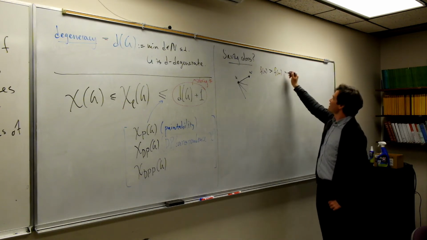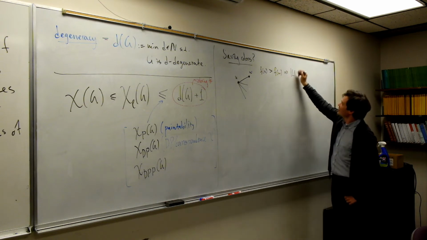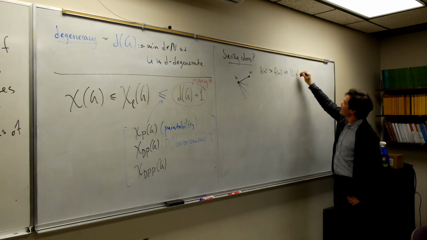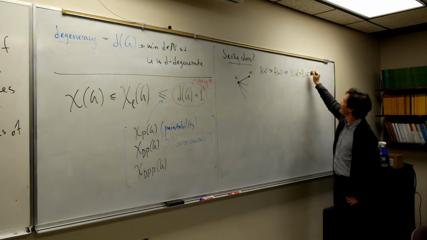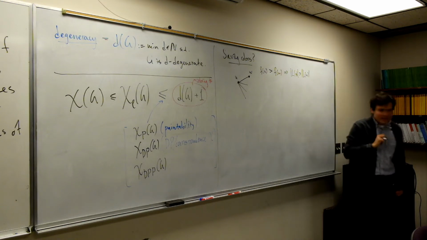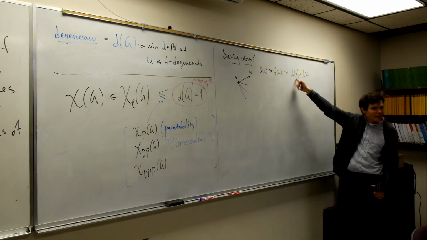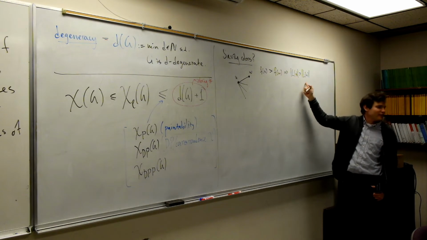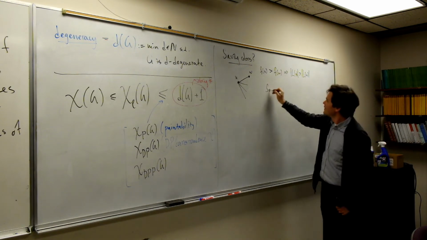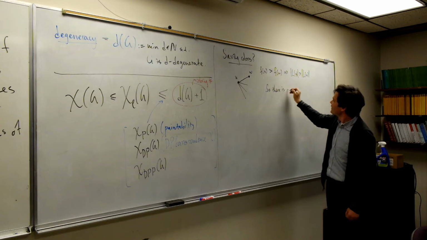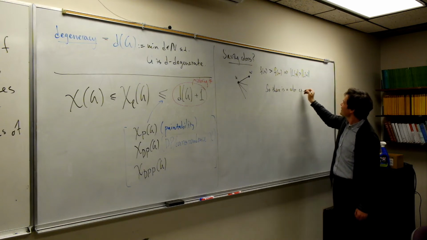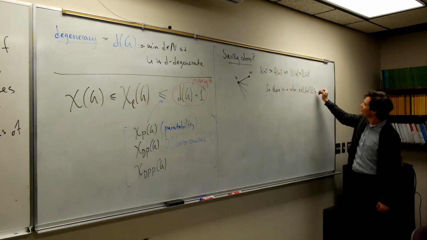Well, in terms of the sizes of the lists of colors, that means that u has strictly more colors available to it than w at this step, right? But this means that there has got to be some color in L of u that does not belong to L of w. So there is a color C that's in L of u, but not in L of w.